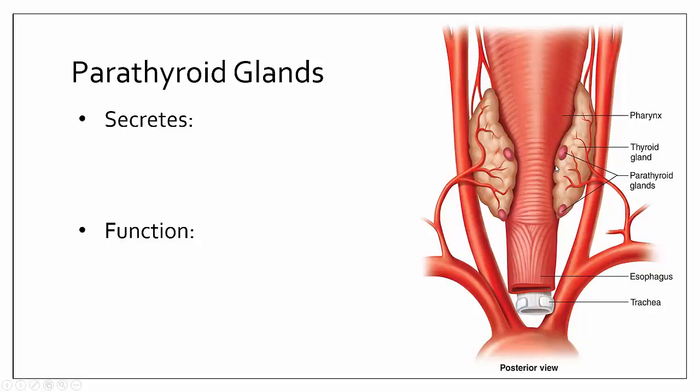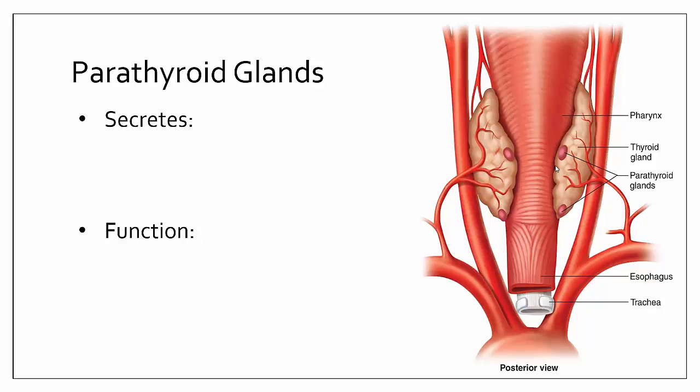Parathyroid glands, you know from A&P1, secrete parathyroid hormone. Parathyroid hormone has the opposite effect of calcitonin. So it is stimulated by low concentrations of blood calcium. You need calcium in your blood. If there is not enough, then the parathyroid gland will release parathyroid hormone.